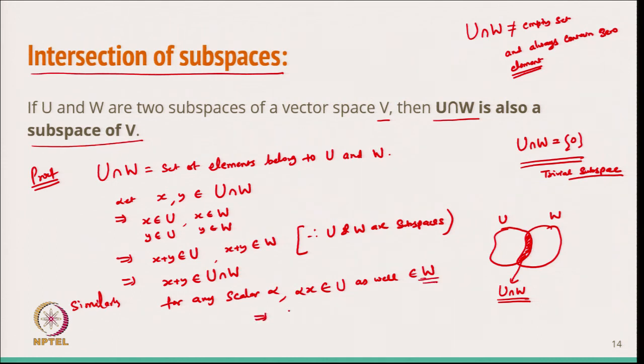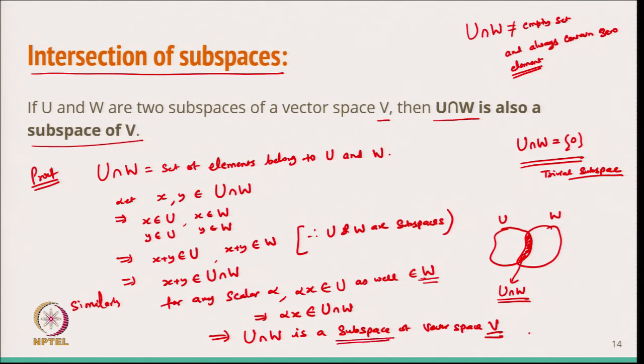From here alpha x belongs to U intersection W. So, I have taken x from this and the scalar multiple also belongs to this. So, I can say that U intersection W is a subspace of the vector space V. So, it is always a subspace of the vector space V.